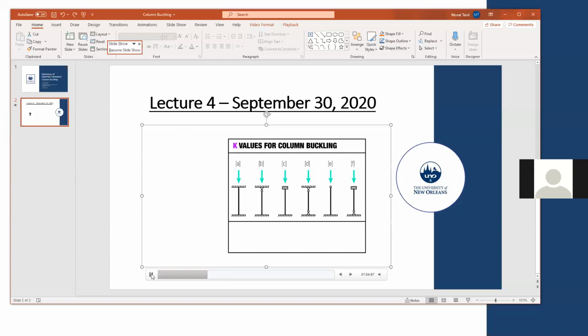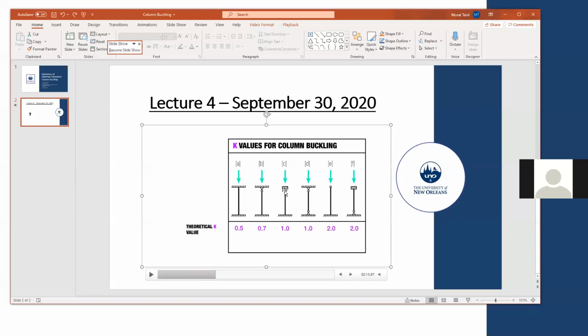But don't worry, we're only going to look at two different scenarios in our lab report. We're going to be looking at the fixed and the pin. So the first one, A, and the pin connection, D. Let's look at these theoretical K values. 0.5 is for the fixed connection, 0.7 for the pin and fixed connection.